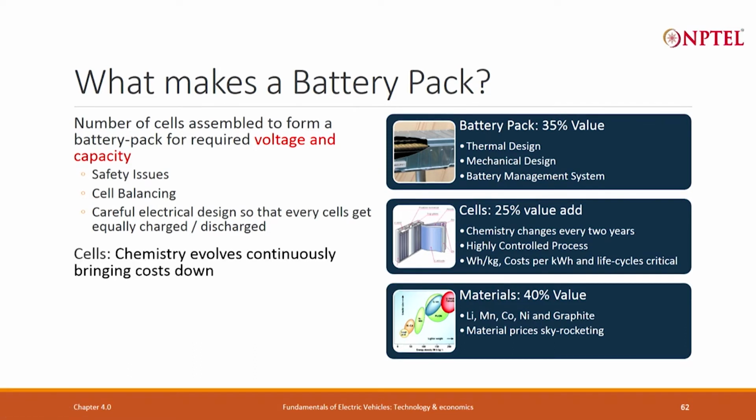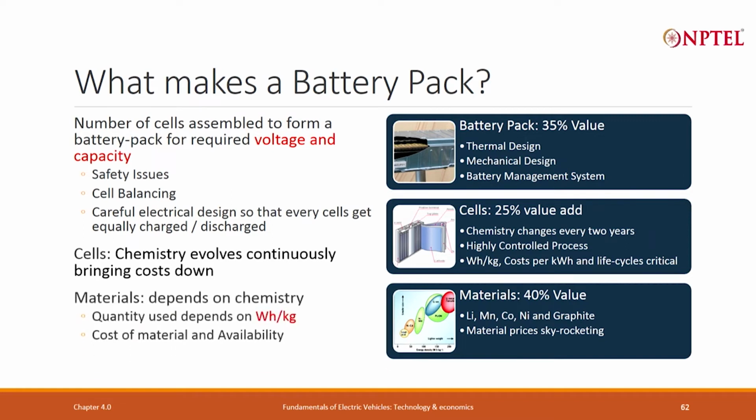So, I buy these raw materials, I make cells, then from the cells I make the pack. 40 rupees for raw materials, 25 rupees for the actual making of the cell, 35 rupees for the battery pack. This is approximate, it varies from pack to pack, from cell to cell, but this gives you some idea.